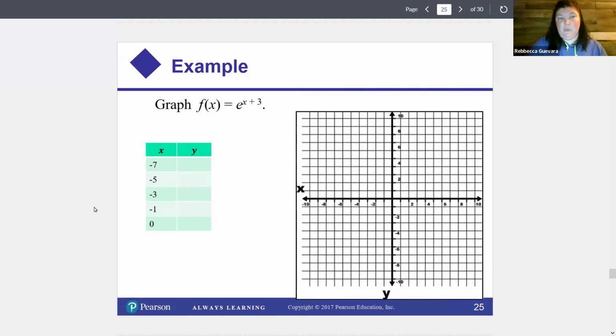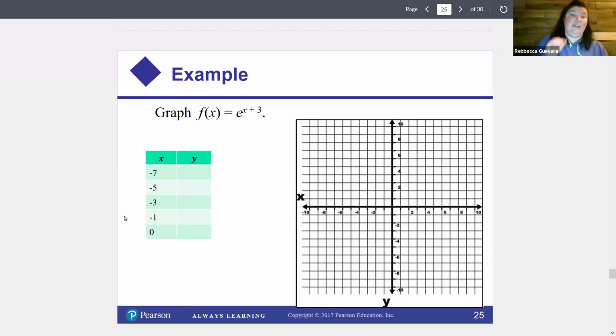So as an example, we're just going to graph e to the x plus 3, and we're going to use these points at -7, -5, -3, -1, and 0. So really what this first one is, is just doing e to the -7 plus 3, so we just need e to the -4th. And then we have e to the -5 plus 3, so that is e to the -2nd.